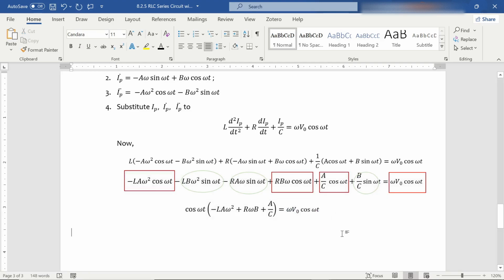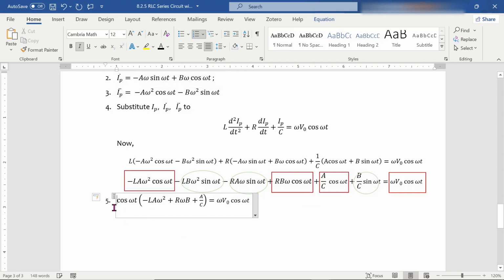And for the sines, I will make this another step: grouping of similar terms.